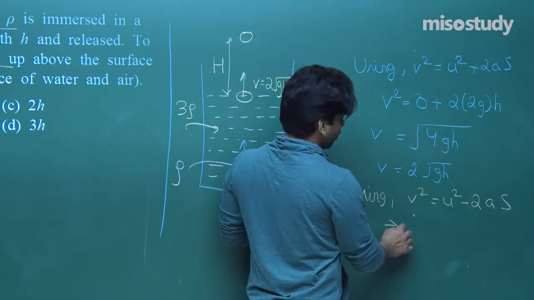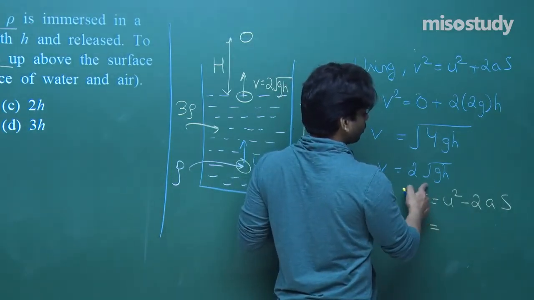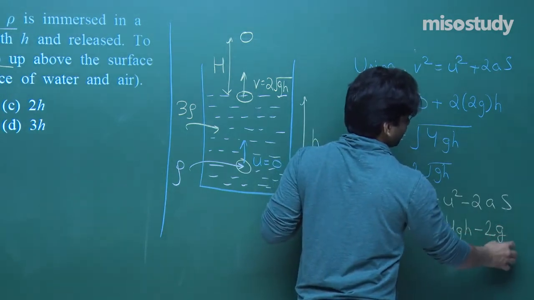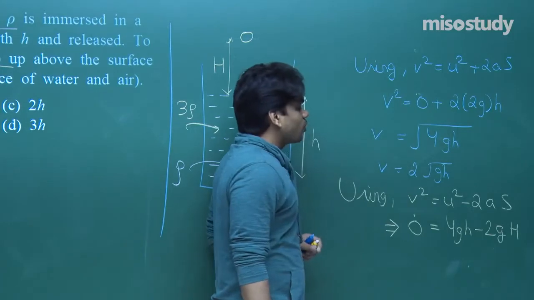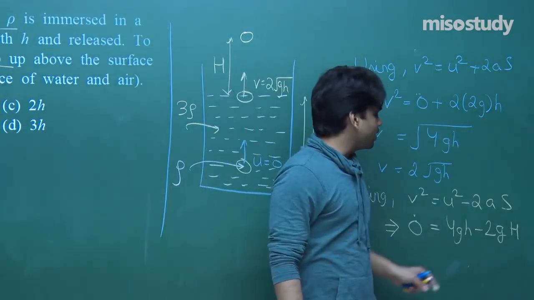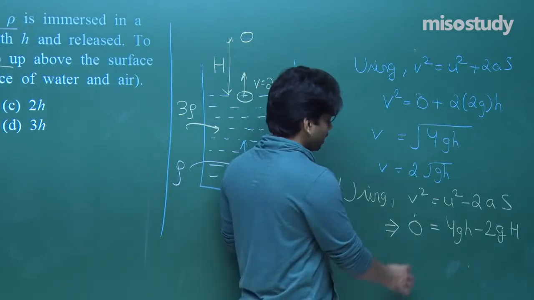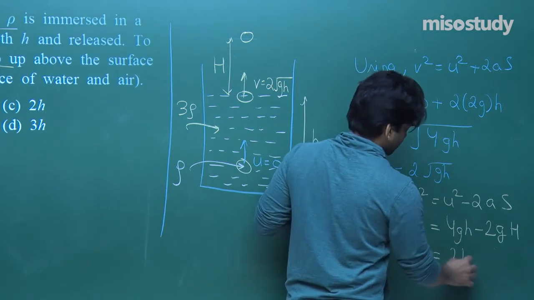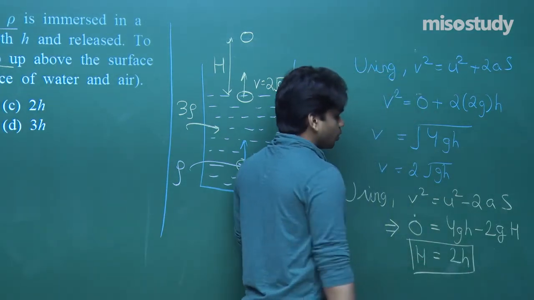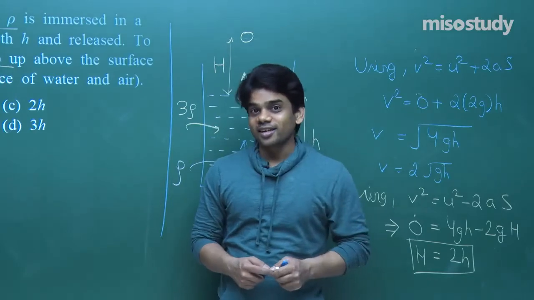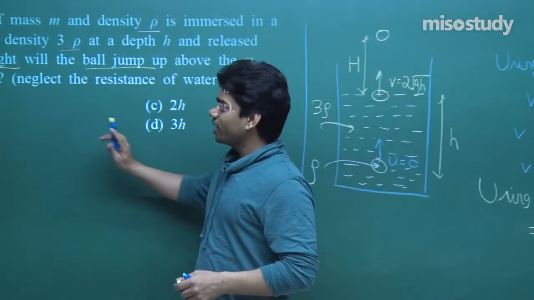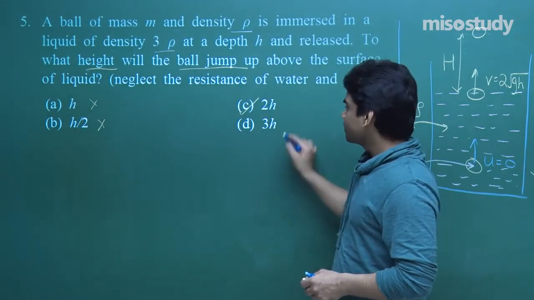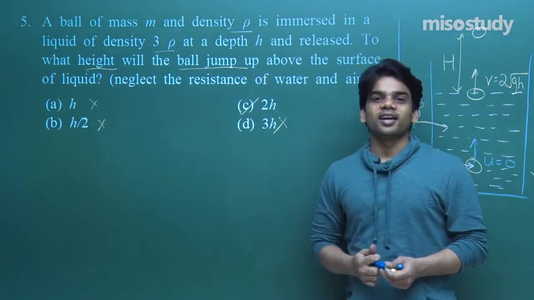From here, final velocity v is 0, and u square is 4gh, minus 2g, and the value of s will be capital H. So capital H will come out to be 4h divided by 2, you will get 2h. A good question. H equal to 2h we got. This is the height to which it will jump. So option A, h, is incorrect; B, h by 2, incorrect; C, 2h is the correct answer; 3h is again incorrect.